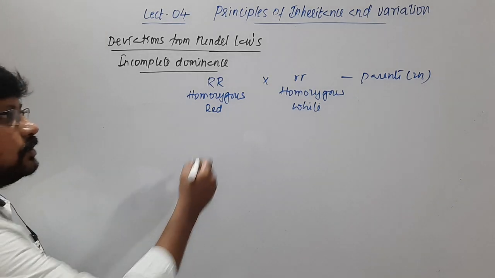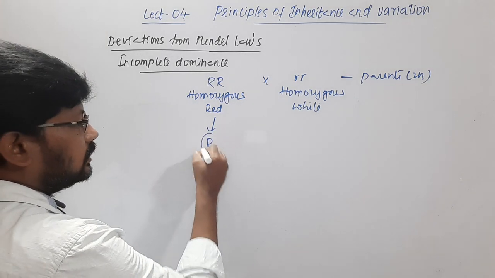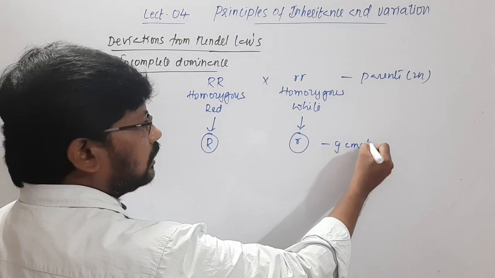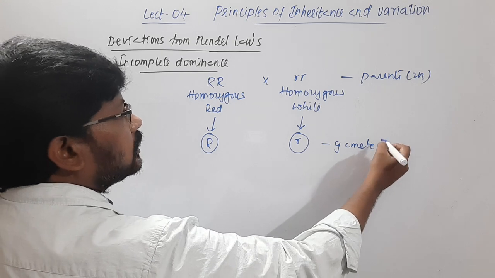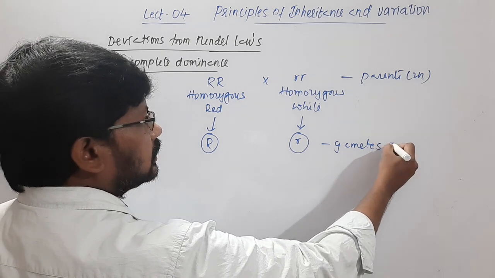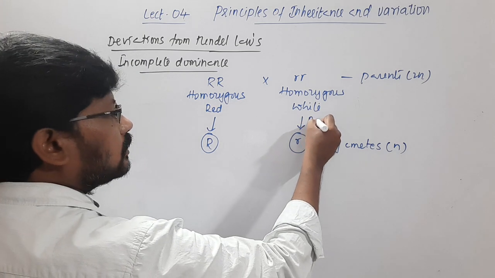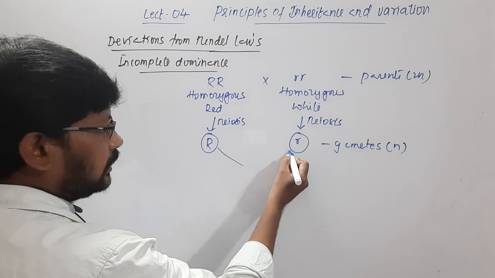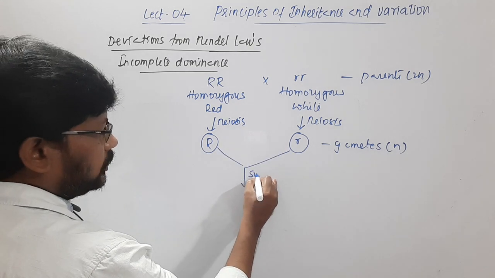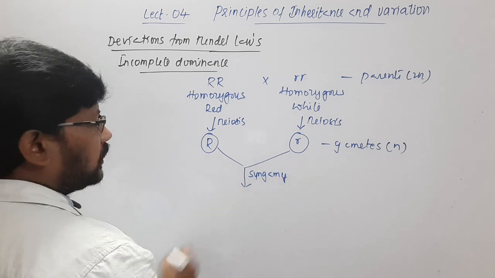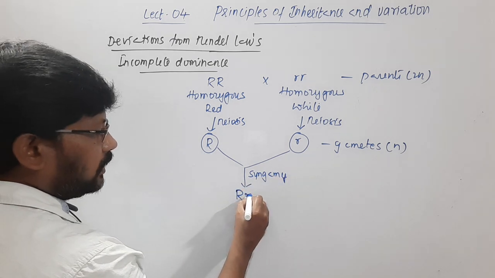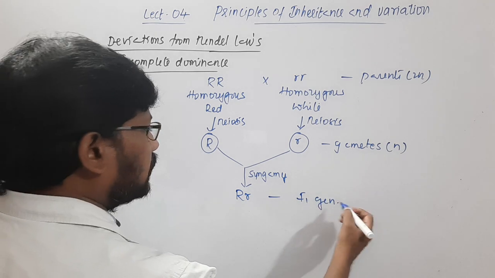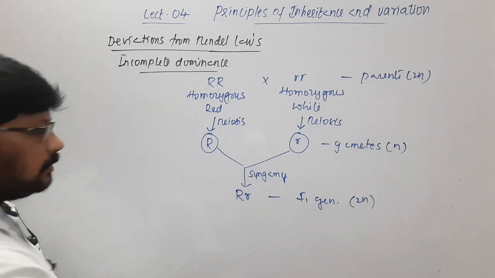During the formation of gametes, you can see this is capital R and this is small r, so we get only half the number of genes into the gametes, which are haploid. Meiosis and then fertilization or syngamy results in the formation of capital R, small r. This will be the F1 generation, which will again be diploid.